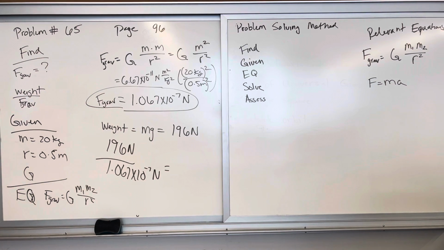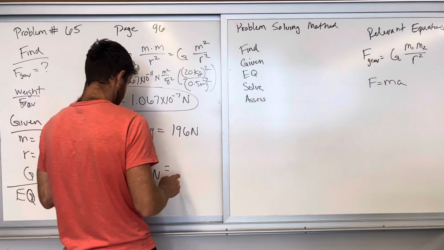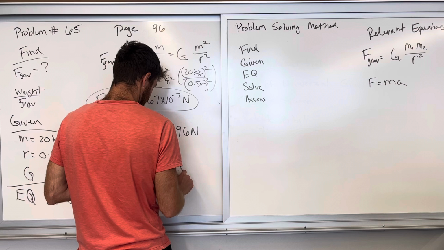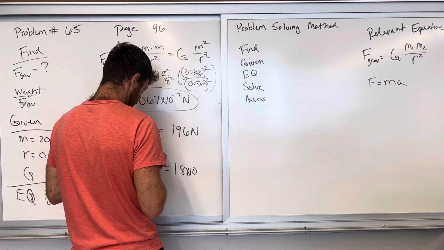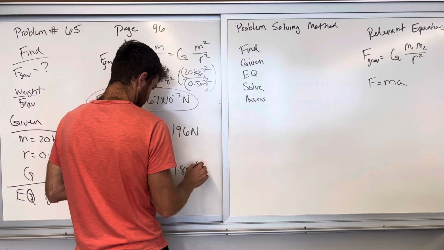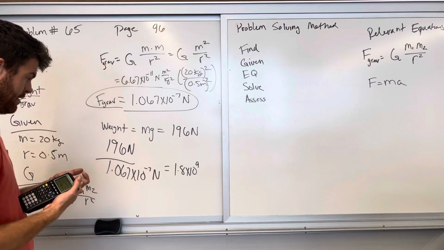And that's going to be a very large number, 196 divided by 1.067. Wow. Yep, it's 1.8 times 10 to the 9. Right?